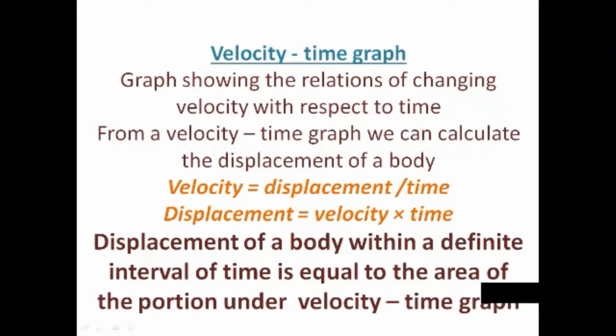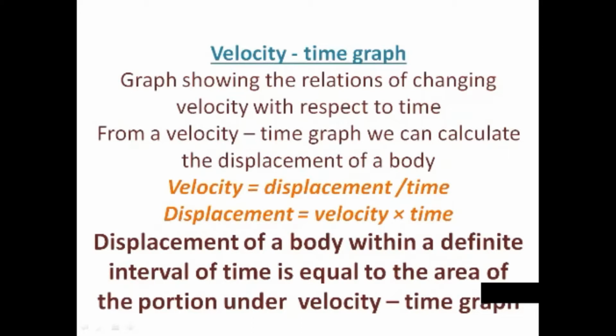How can we calculate the displacement from a velocity time graph? We have an equation: velocity equals displacement by time. From here, displacement is equal to velocity into time.